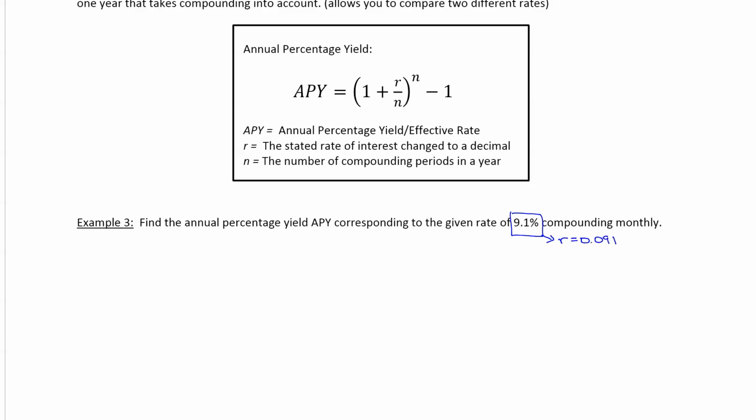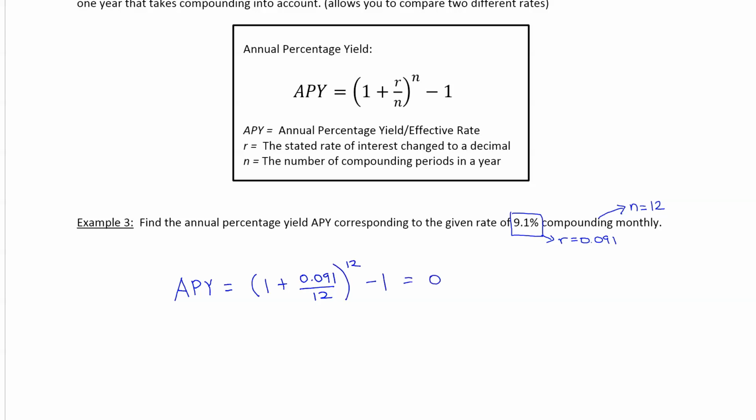And then compounding monthly, that corresponds to little n is the variable, and that equals 12, since it's 12 times per year. So the formula is APY equals the quantity 1 plus 0.091 divided by 12, all raised to the 12th power, then minus 1.